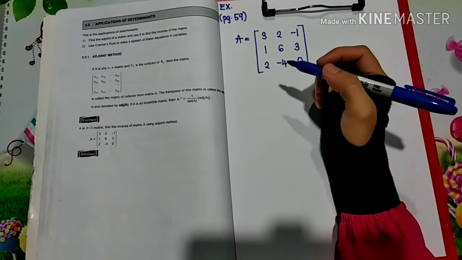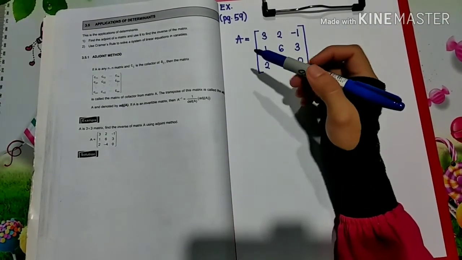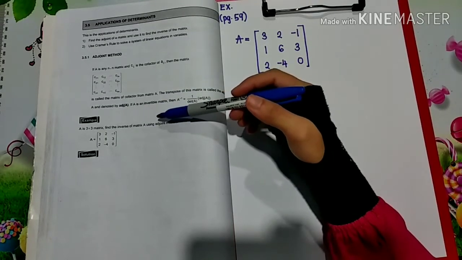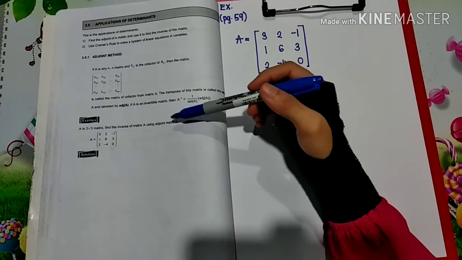Let's solve the example on page number 59. You need to find the inverse of A using the adjoint method.